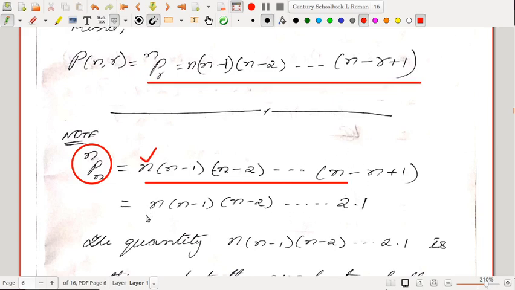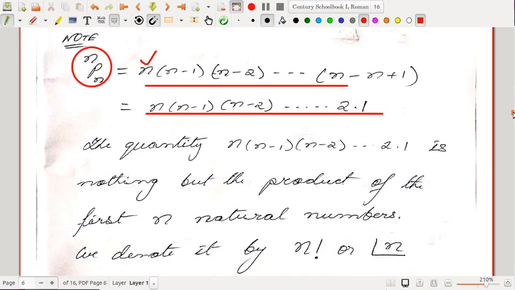So it is nothing but the product of integers from 1 up to n. Okay, so nPn is the total number of permutations of n distinct objects taken all at a time. So it is equal to the product of all positive integers from 1 to n.